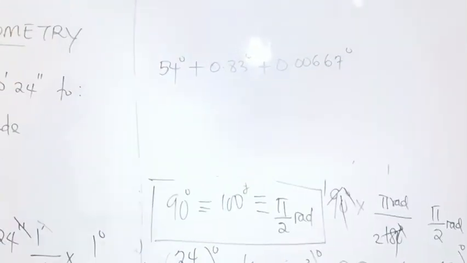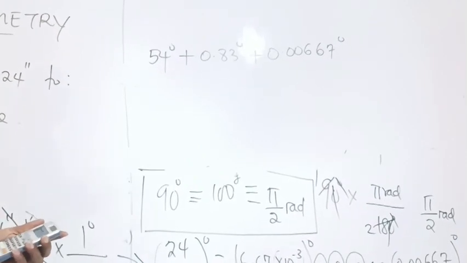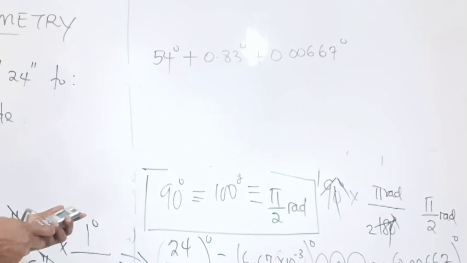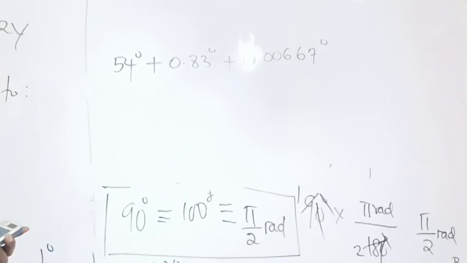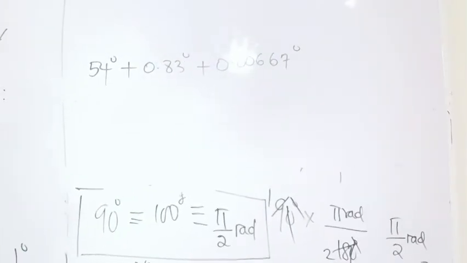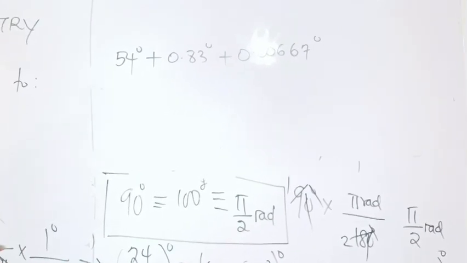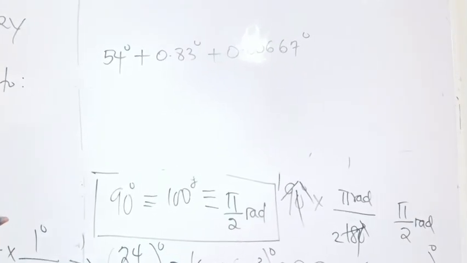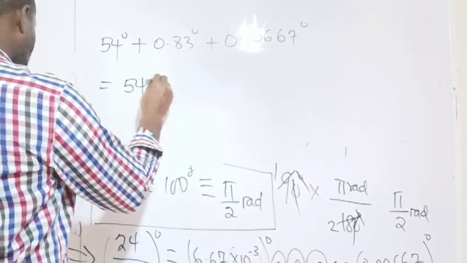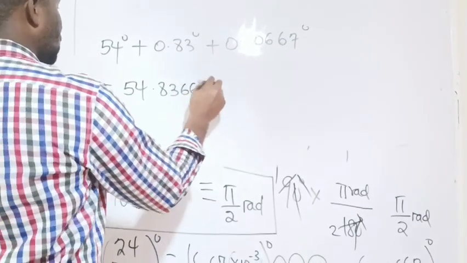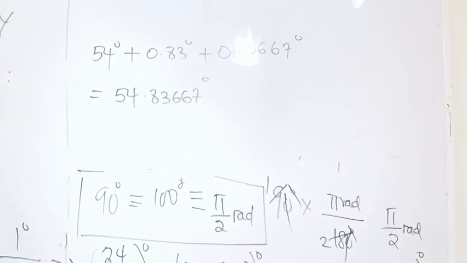So all I need to do is add up the values and leave the answer in degrees. 54 plus 0.83 plus 0.00667 gives 54.83667, and this is in degrees. So I've converted this to degrees.